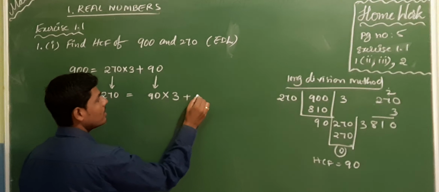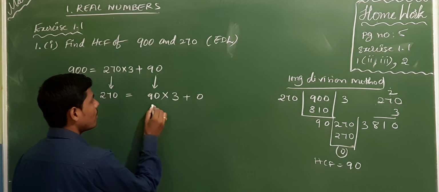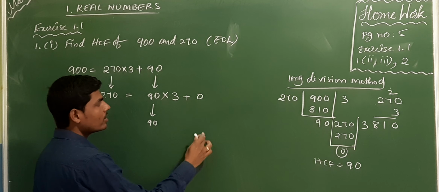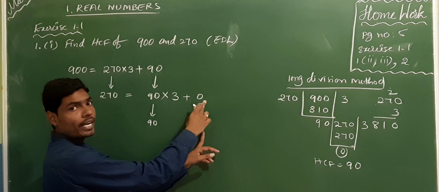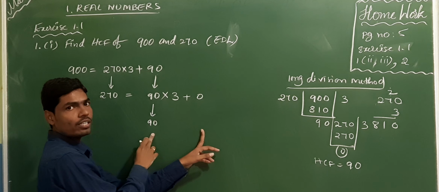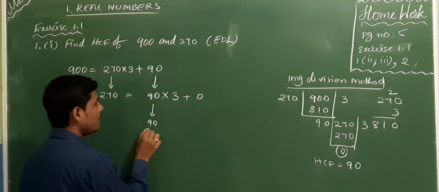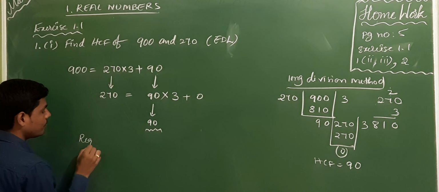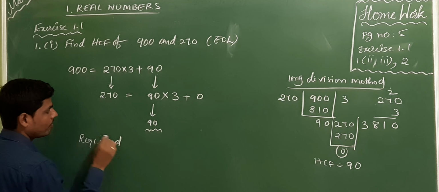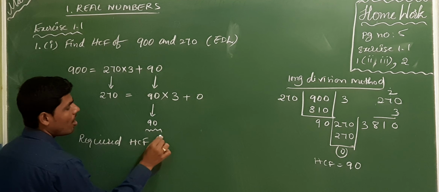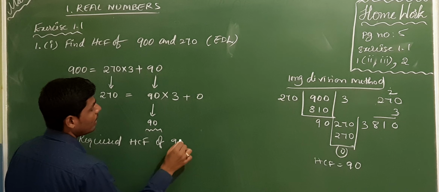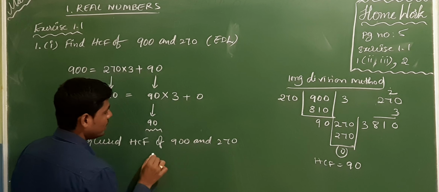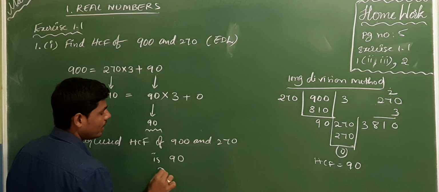Now we have remainder 0, so 90 is the solution. So the required HCF of 900 and 270 is 90.